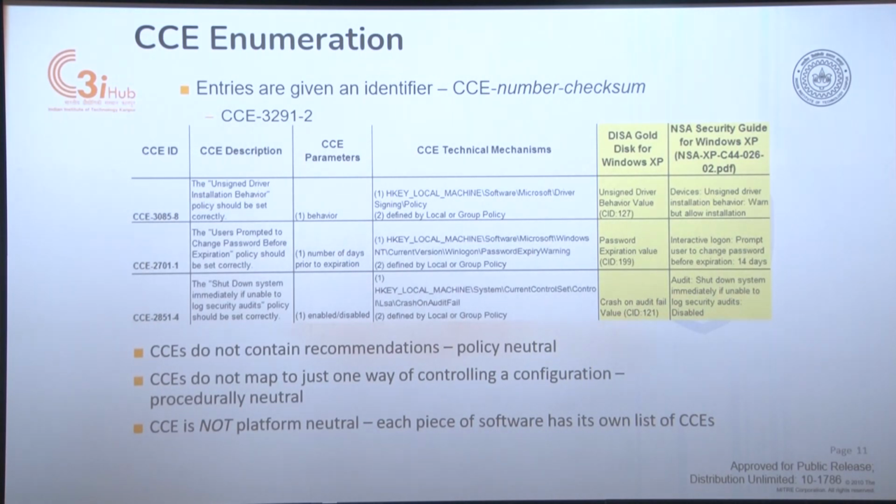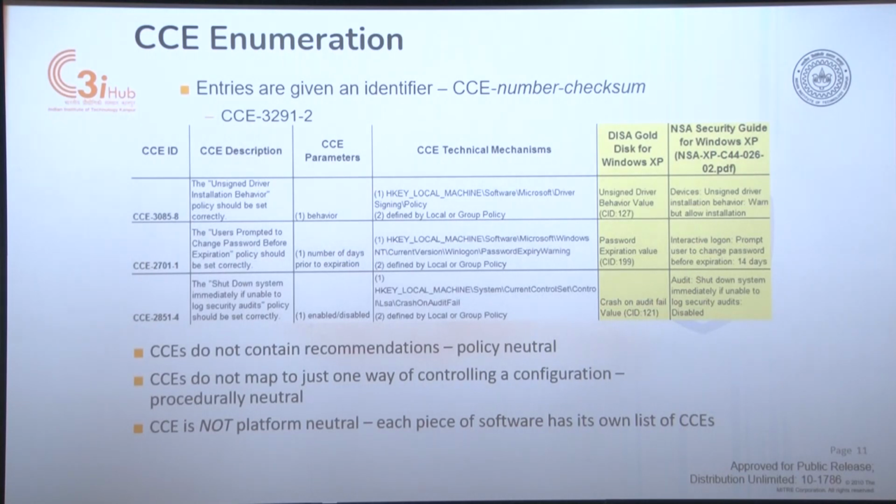We are talking about Windows here. But this CCE does not say what the behavior should be. It only says that this is something you must configure, and when you configure this, you can use this string to identify what you are configuring.